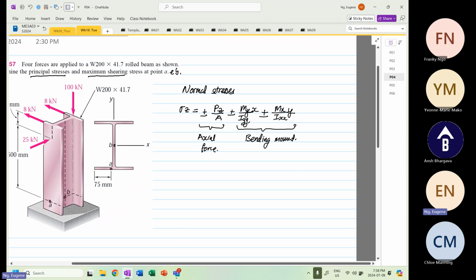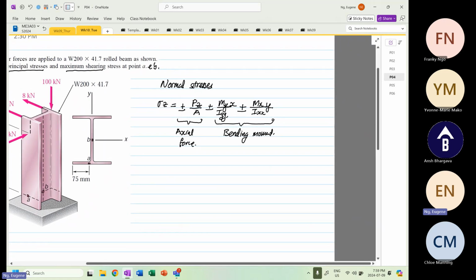We know that the structure is under shearing stress also because of the formula for shearing stress.